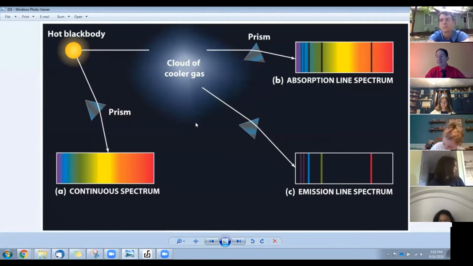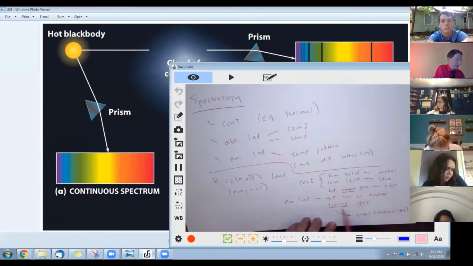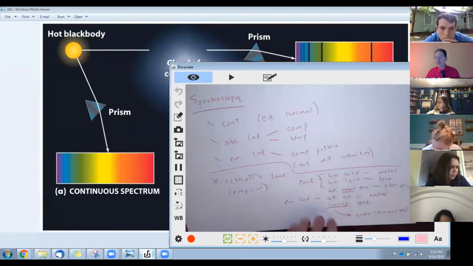So the atoms may be emitting a spectrum like this, but if the light then has to travel through an opaque gas, this is what you get coming out. So as you go from transparent to opaque, the light thermalizes, and then you're in this case here. But if it's transparent, you get the emission line spectrum.